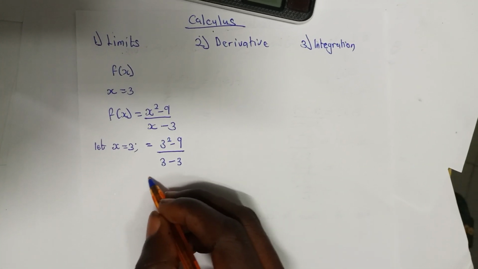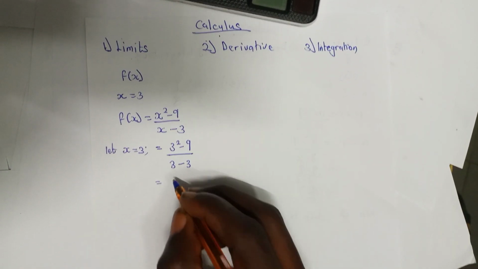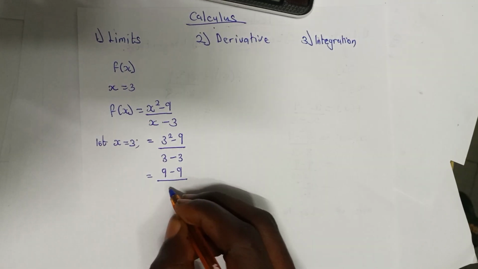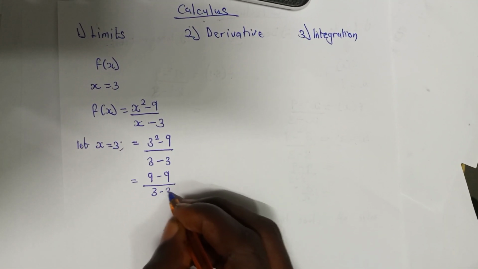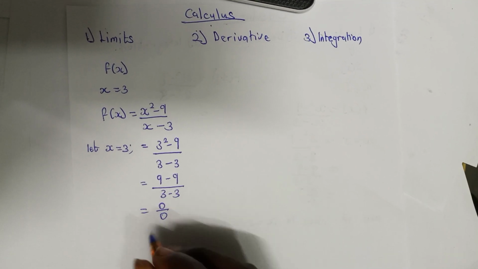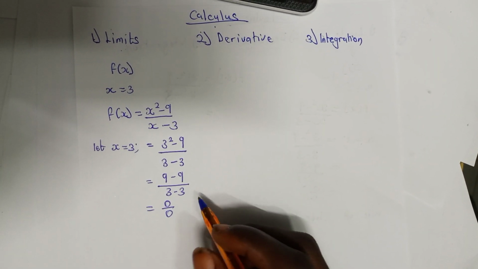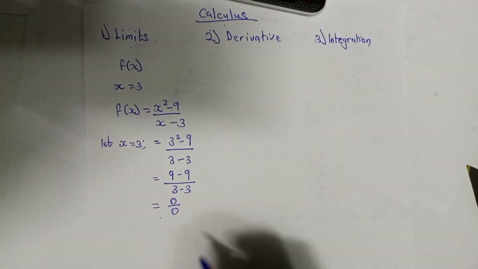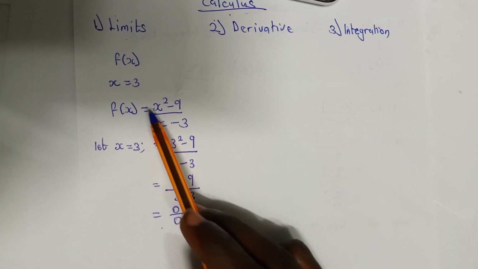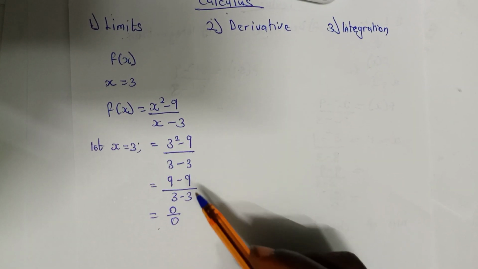So 3 squared is 9, minus 9, divided by 3 minus 3. We get 0 divided by 0, and this is undefined or indeterminate. So here we are going to use limits to get the value of f of x when x equals 3. So let's move on.